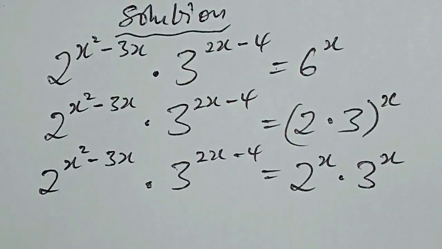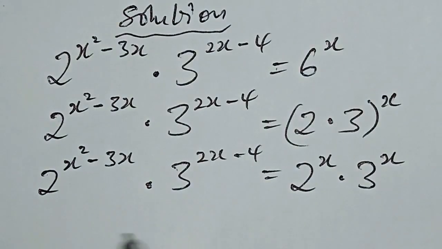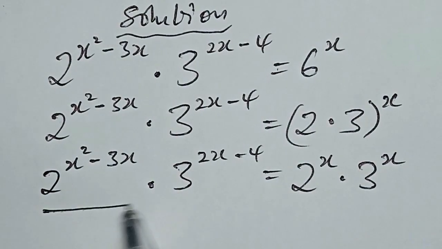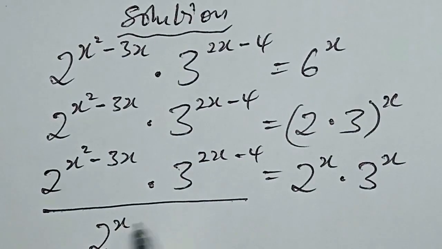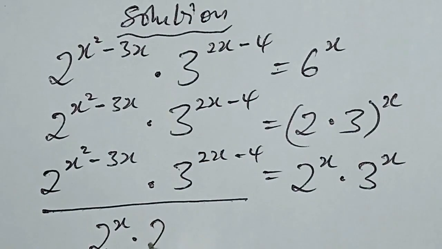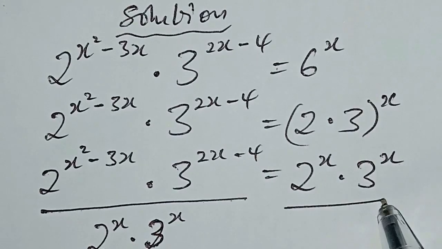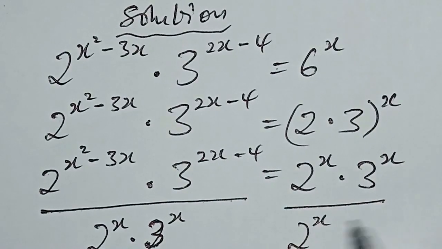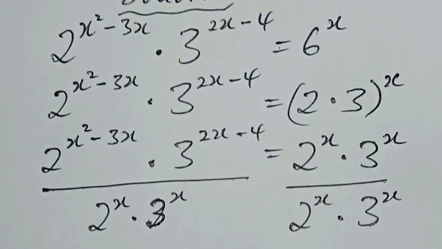So now let's divide both sides by what we have at the right hand side. So this will give us over 2 to the power of x multiplied by 3 to the power of x over 2 to the power of x multiplied by 3 to the power of x.